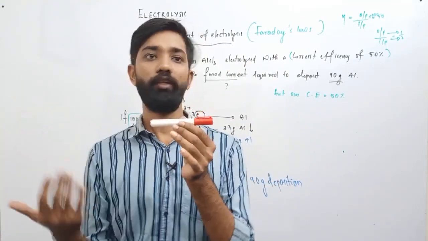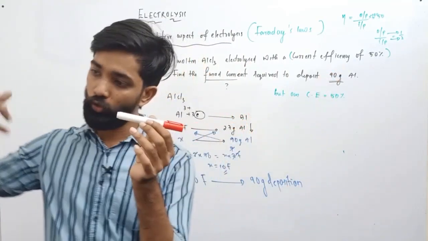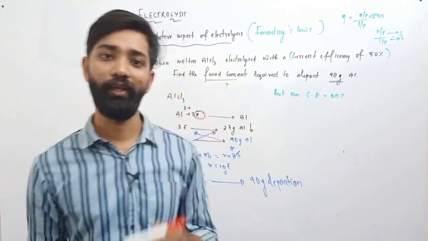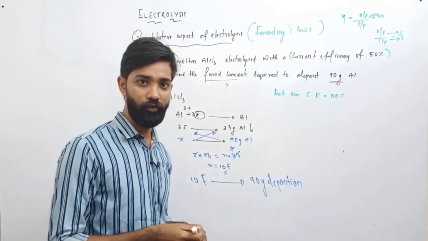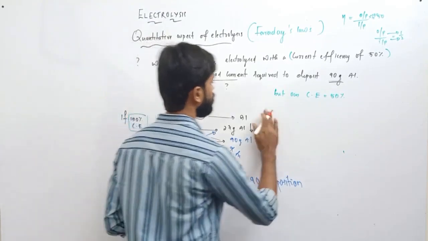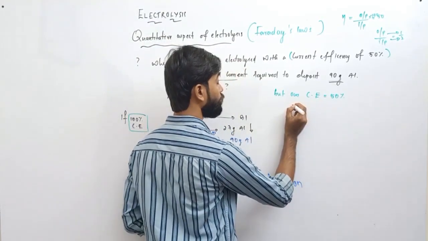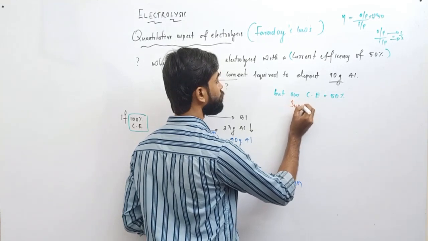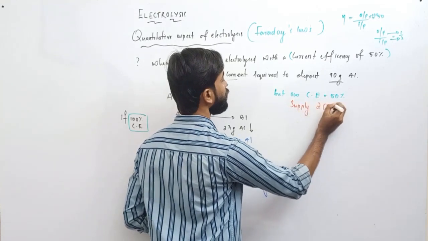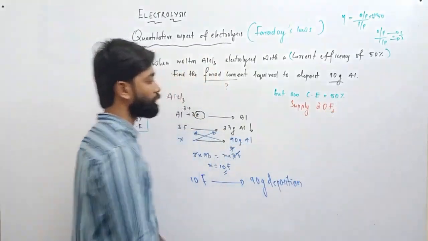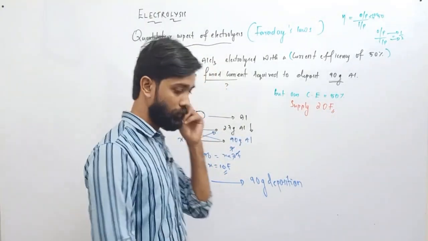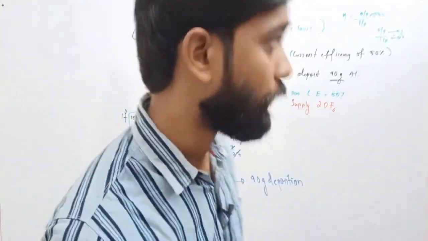But here the current efficiency is only 50%, so you should supply 20 farad. Is it okay for you? Okay. So this is one model of question in your electrolysis.